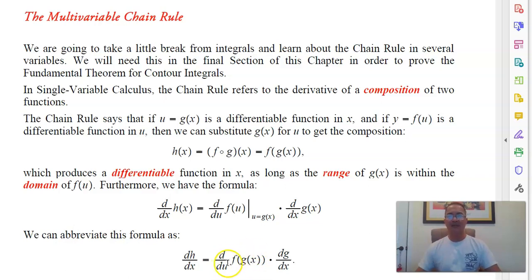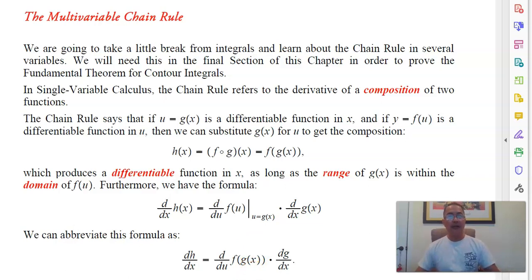So the symbol unfortunately has a limitation. But we will take it to mean exactly this symbol. You take the derivative of f with respect to u, and then you plug in g of x. So that will just spare us this little detail of plugging in g of x into u.